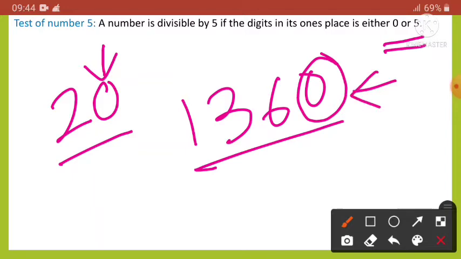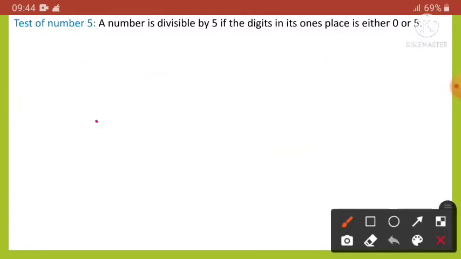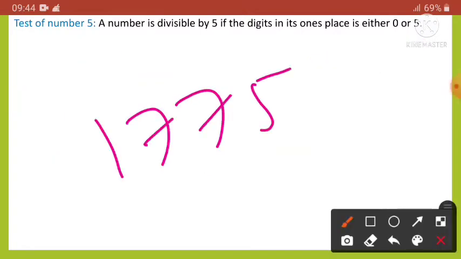By checking this, we can easily say whether it passes the divisibility test. We don't need to divide the whole number. Now if I take another number, suppose 1775, is this number divisible by 5?